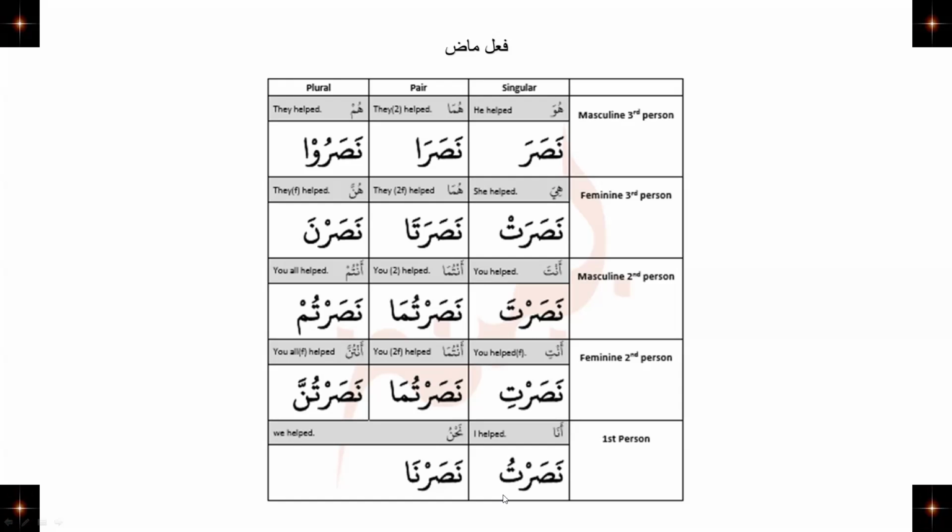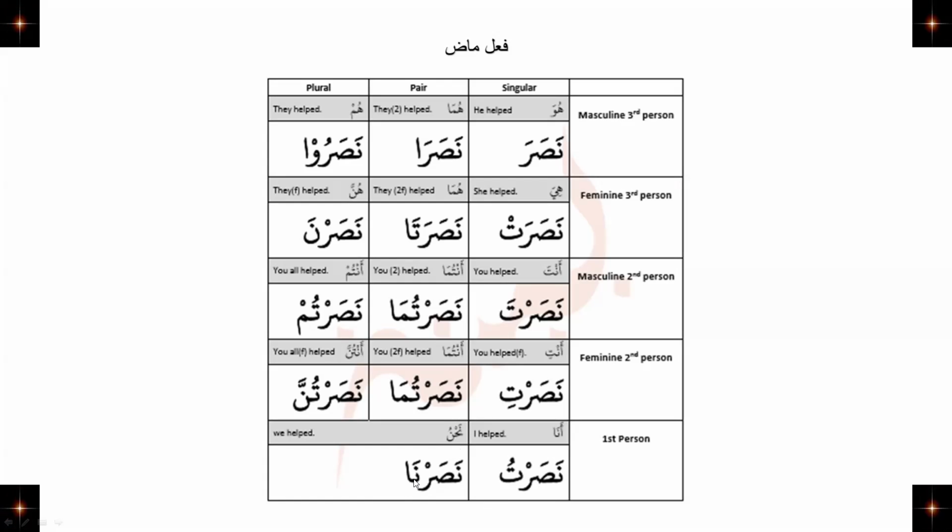I spoke, takallamtu. I said, qultu. I ate, akaltu. I read, qara'tu. I wrote, katabtu. I went, dhahabtu. I saw, ra'aytu. So tu is I, and it can be either masculine or feminine.